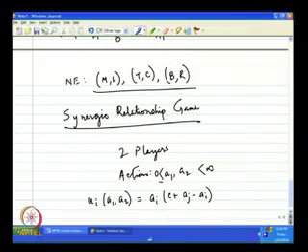Effort level for what? Well, this is a relationship. The story is that 2 players are involved in a relationship. If I put more effort, given the effort level of the other player, I should get more benefit out of the relationship. It helps me also, it gives me more satisfaction.